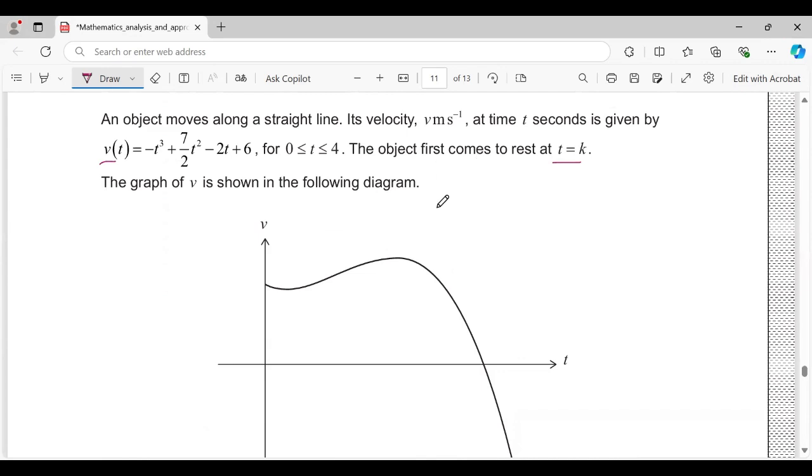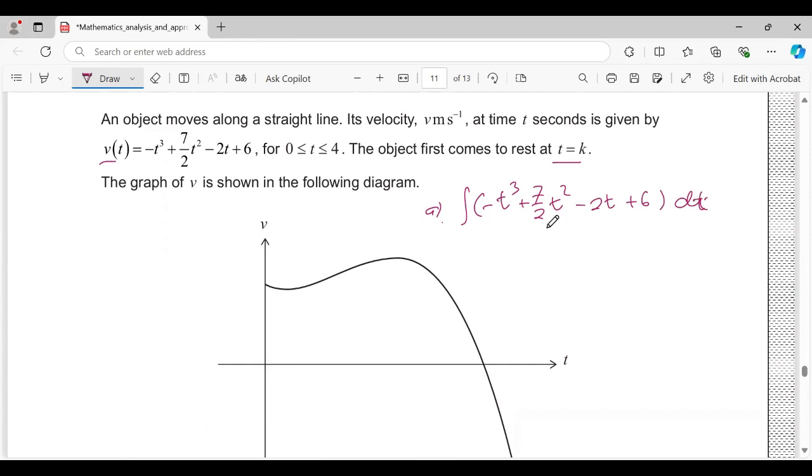So the integral of minus t cubed plus 7 half t squared minus 2t plus 6 dt.